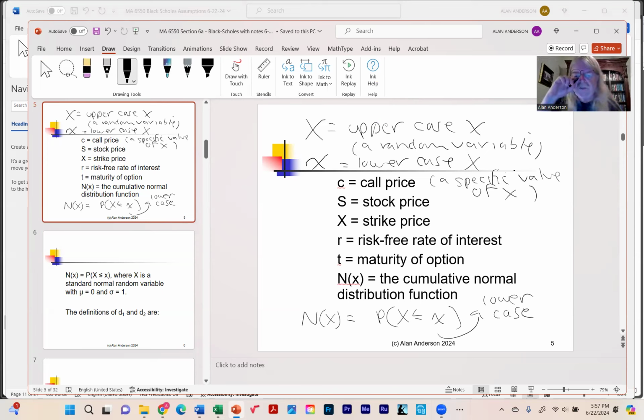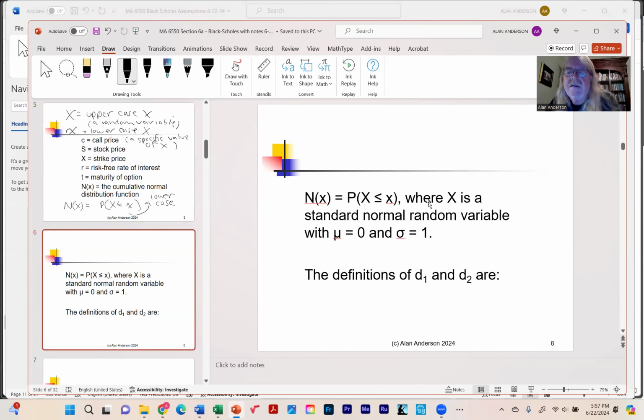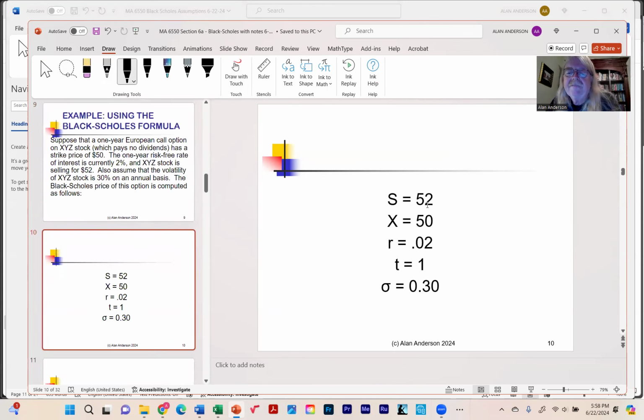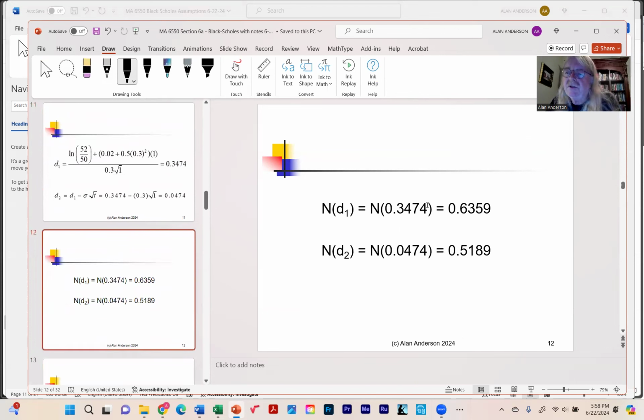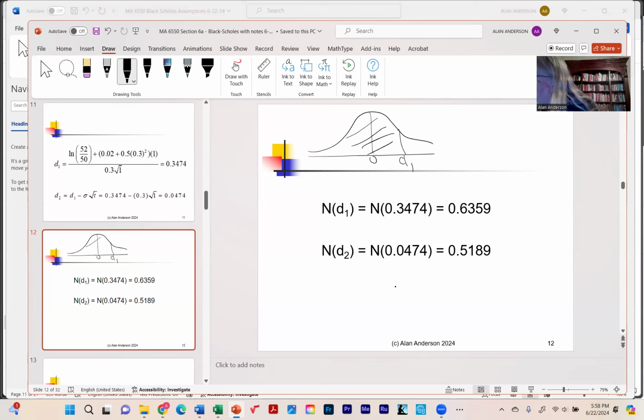We want to make sure we know the distinction between the two. So that's what those N's are doing there. They are cumulative probabilities, less than or equal to. So N of d1 means this is your standard normal curve, here's your d1, and N of d1 is this area.